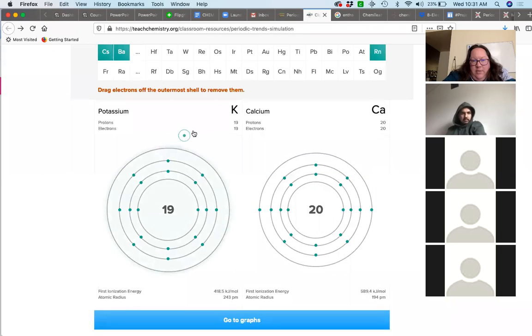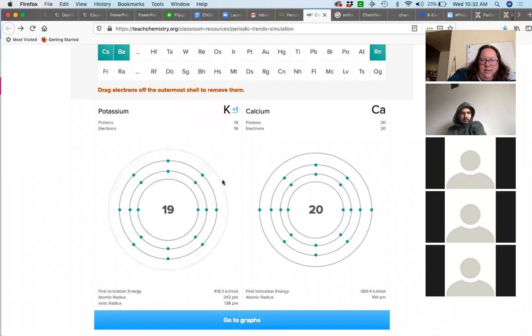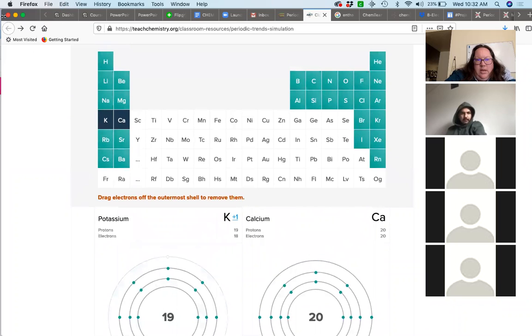Both of these, if I remove an electron, right, now what does this look like? What does it most closely resemble? And if I look at my periodic table and I think about what I just formed, if I take an electron away from potassium, it's going to become argon. Its electron configuration is closest to argon.